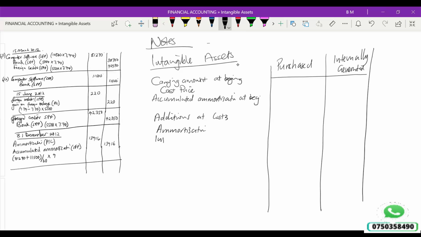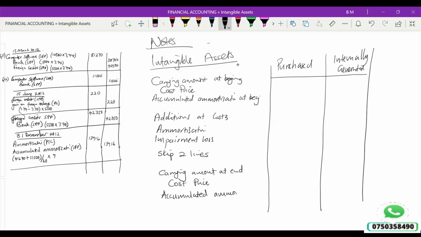And I'm going to have impairment loss. This topic, we're not going to be talking about impairment loss, even if they've impaired. And I skip 2 lines. And I'm going to say carrying amount at end. And I'm going to have cost price. And I'm going to have accumulated amortization.